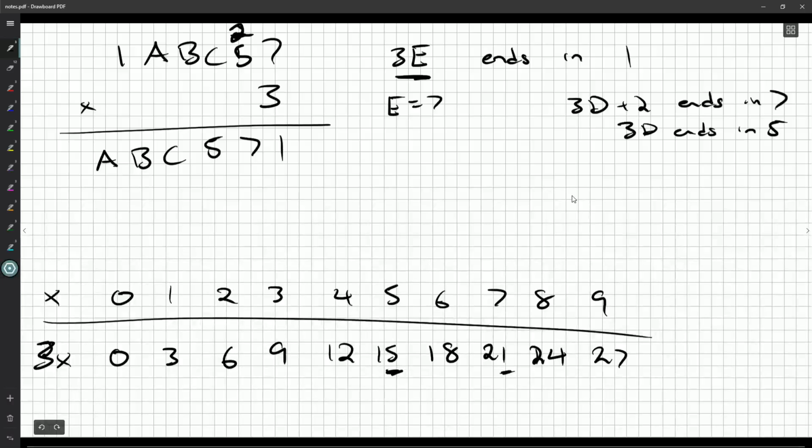So we carried the 2 up here, and 3 times 5 plus 2 is 17, so we carry a 1. 3 times C plus 1 ends in a 5. Well, then 3C ends in a 4. Which of these ends in a 4? 3 times 8, so C is 8.